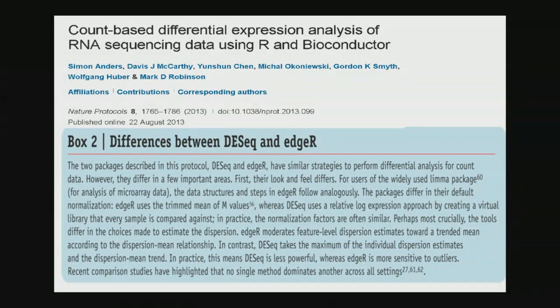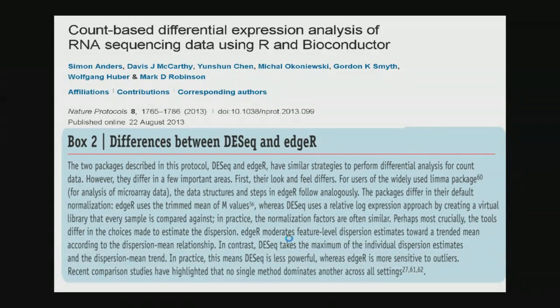Okay, and in terms of performance, the actual gene set they identify, I would say edgeR is more lenient and will give more differentially expressed genes than DESeq and Limma. DESeq is the most stringent, the most conservative one. Limma is in between.